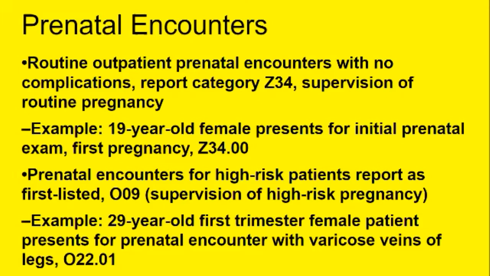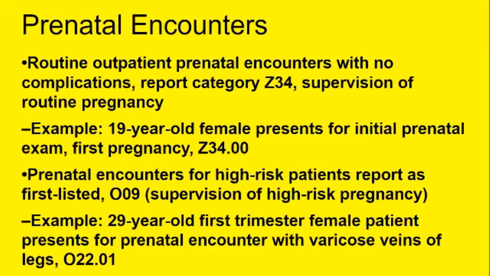Let's talk about prenatal encounters. Routine outpatient prenatal encounters with no complications, you're going to report category Z34, supervision of routine pregnancy. For example, a 19-year-old female presents for an initial prenatal exam, first pregnancy, Z34.00.